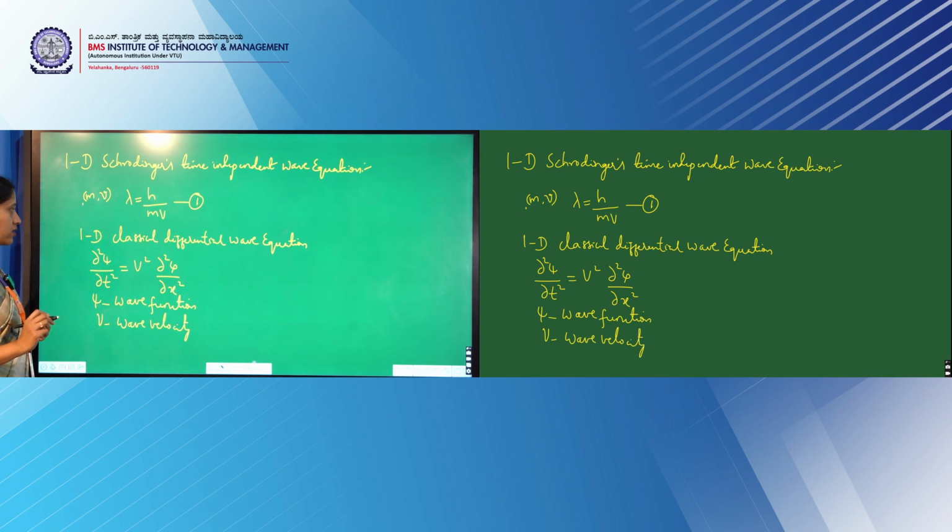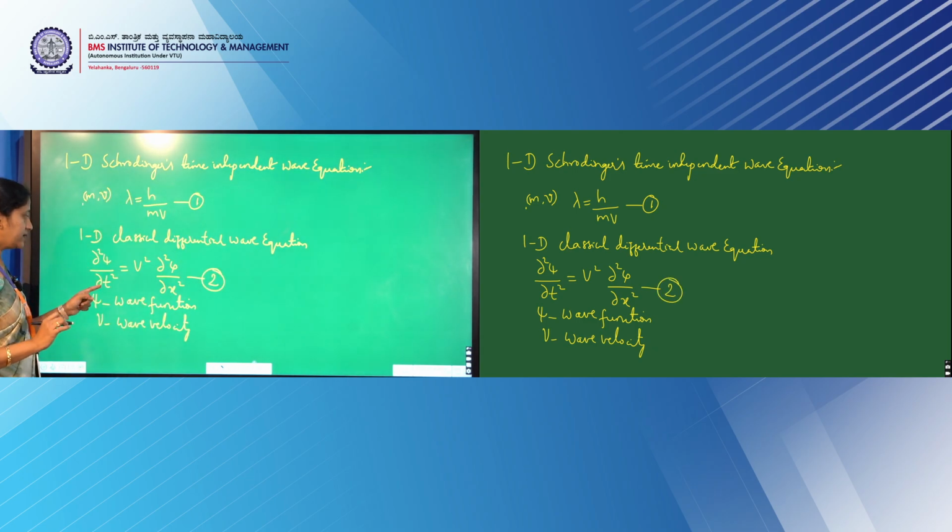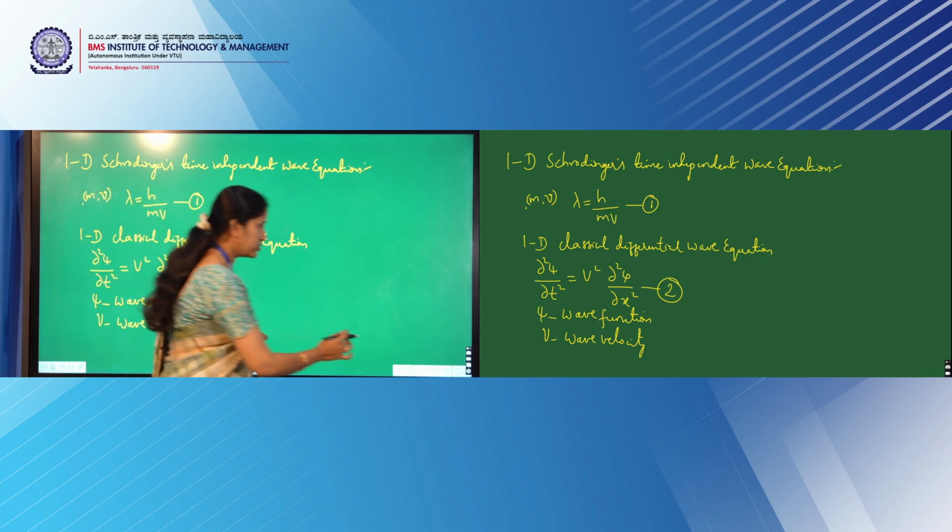Now, since it is for the time-independent case, we need to extend. So in the given differential equation, we have to eliminate the time variable. For this, first we need to write the solution for this differential wave equation.